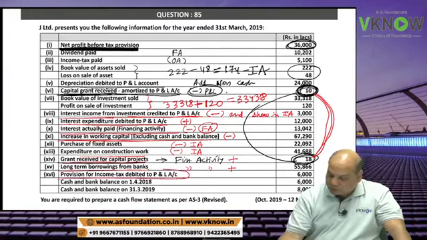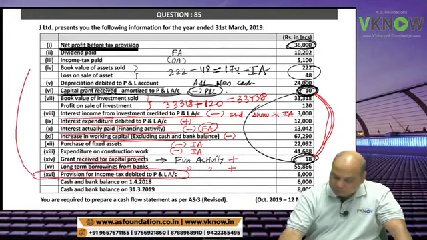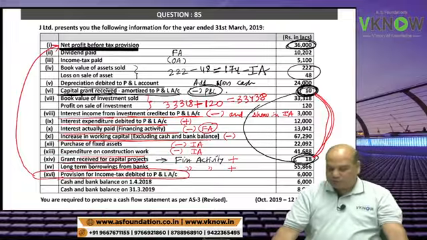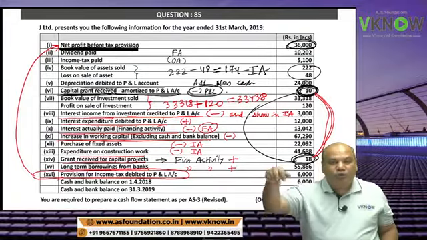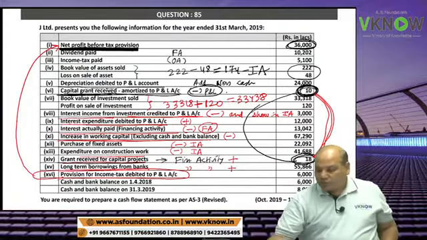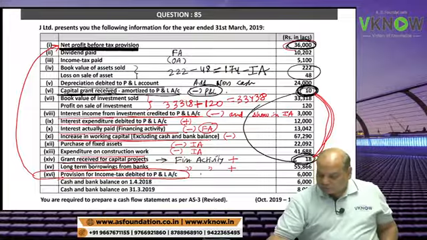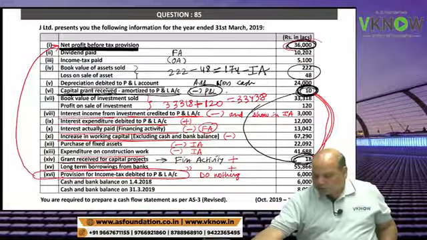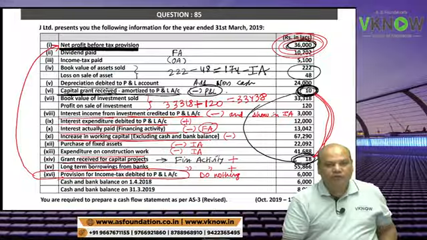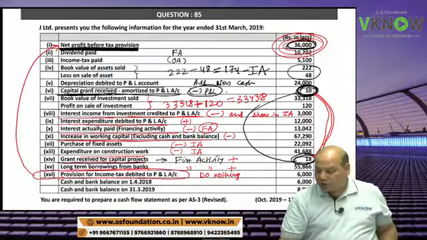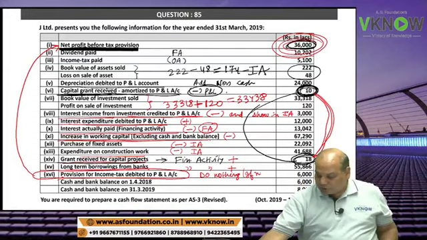And provision for income tax debited to P&L account: you link it with the first item. The first line says net profit before tax provision. If it is before tax provision, then do nothing, because while arriving at 36,000, we have not yet deducted the provision for taxation. So if we have not deducted, then don't add back.